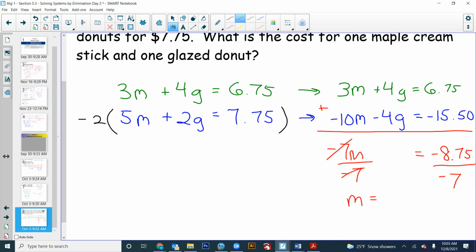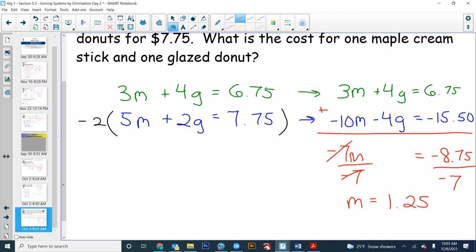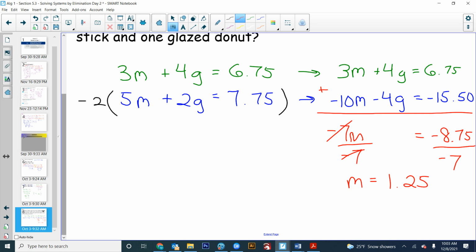M equals positive 1.25. What is M representing? 1 maple cream stick. That's the cost, $1.25. How do you get the cost of a glaze? Plug it in. Plug it in. Go ahead and do that. Got 2 more minutes.